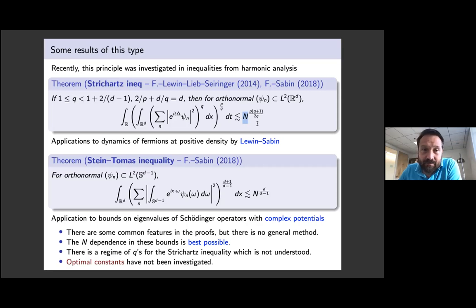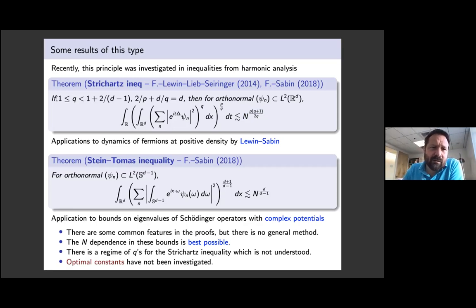Of course, the theorem is useful if this power is smaller than the power that you would expect. The power you would expect simply comes from looking at the sum and saying that you have n terms here, so the power would be n to the p.